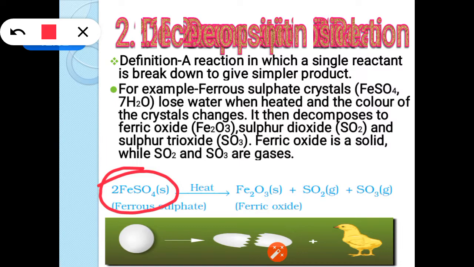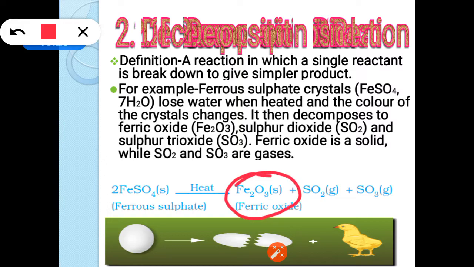Ferrous sulfate in the presence of heat, when we heat it with the help of a burner in a test tube or a beaker, we get Fe2O3, which is known as ferric oxide, plus sulfur dioxide gas and sulfur trioxide gas.